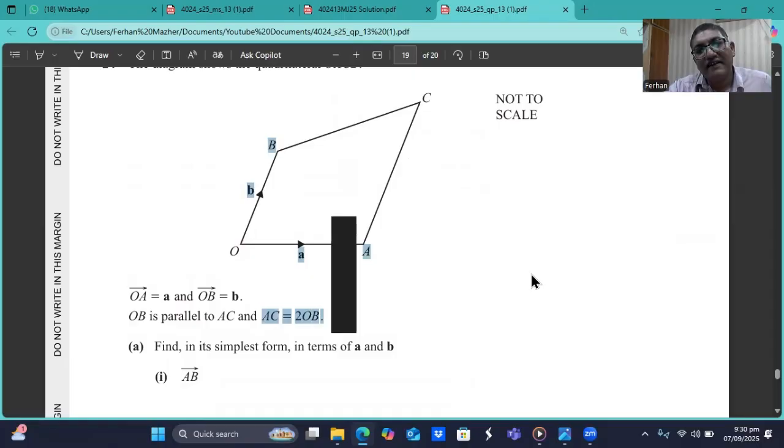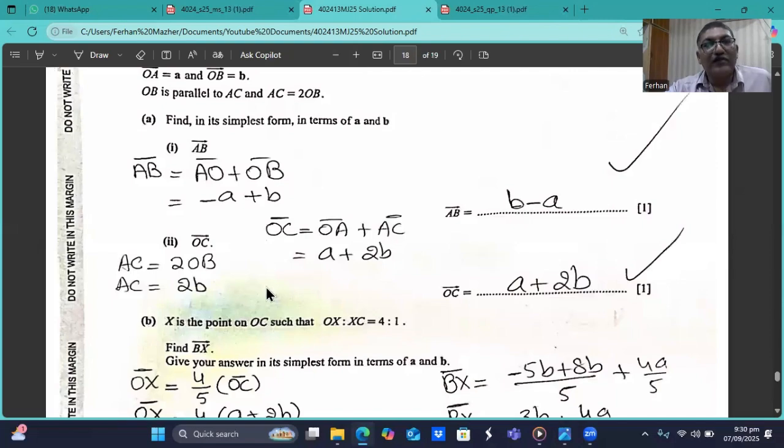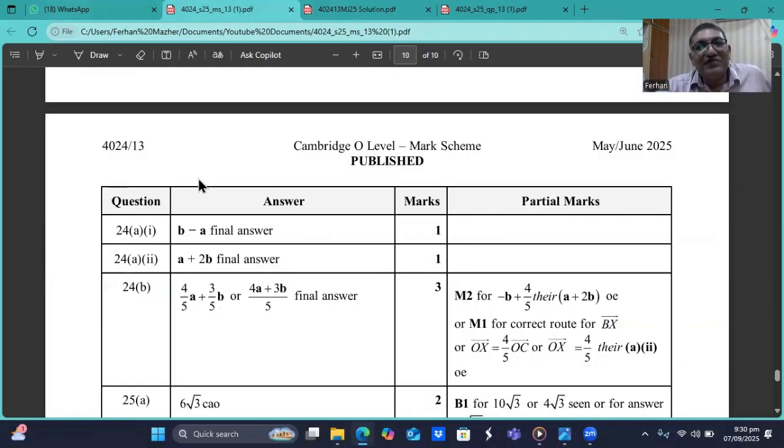So OC will be equal to OA plus AC. AC, it is given, is 2 times OB. This is given in the question. So AC will be 2b because OB is small b. So here you will have a plus 2b. a plus 2b is the right answer.